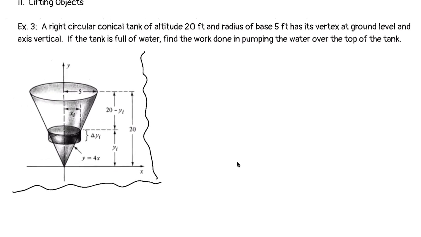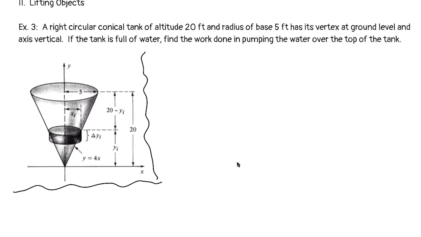If I'm reading this question and it says that there's a right circular conical tank, the first thing I do is I draw a cone with the vertex at the bottom. I just get that from reading the first part of the problem. And so I have a cone and the vertex is at the bottom. So it looks very much like an ice cream cone.